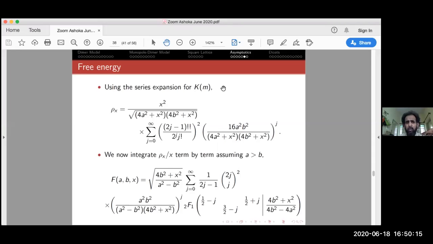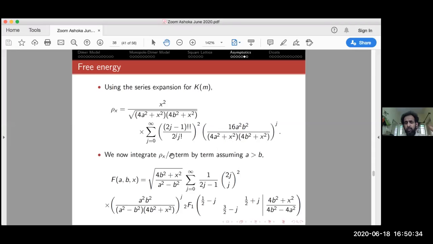Now, if I use one of the series expansions for the complete elliptic integral, I get a formula like this. So it's an infinite sum involving the double factorials which came up earlier, and these parameters.